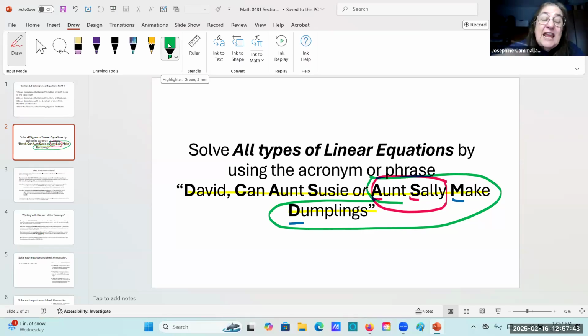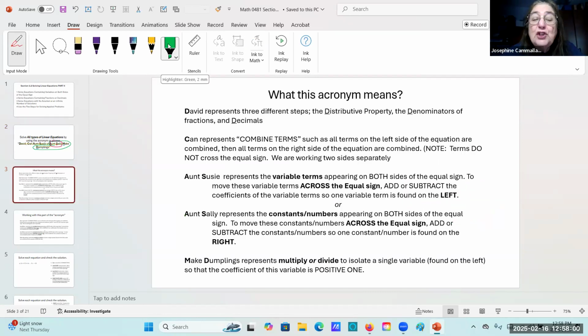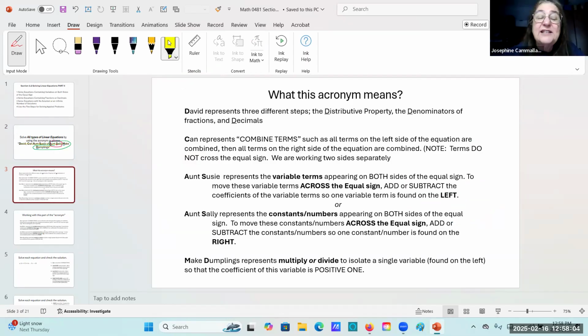Well, now we're going to add a few more pieces. Now, the David is one that we're going to hold off on a little bit because that has 3 different phases to it. But this is how the phrase works. Now, this sheet you might want to print out so that you understand the process.